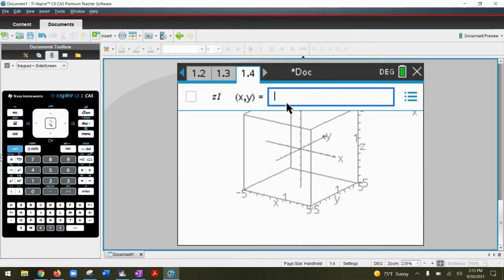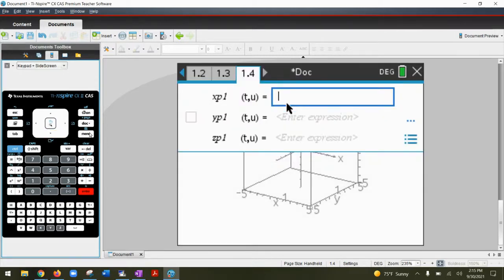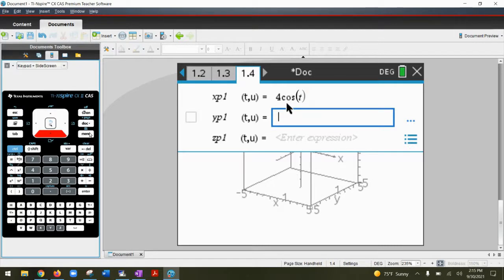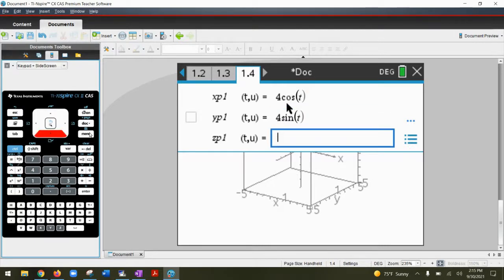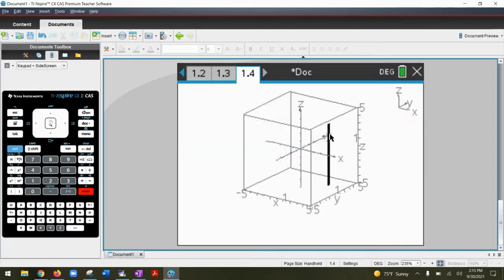I could parameterize it, but you guys might get a little confused by this, so track with me on this. If we go x is 4 cosine t, y is 4 sine t, and z is u, I build it so that t goes 0 to 2 pi and u goes from like -4 to 4. This should give us the curve of the surface we want.